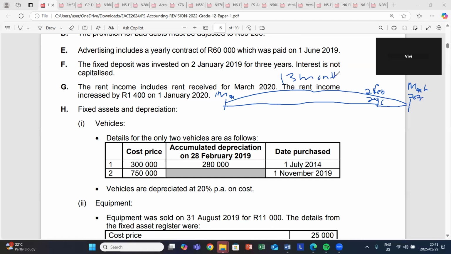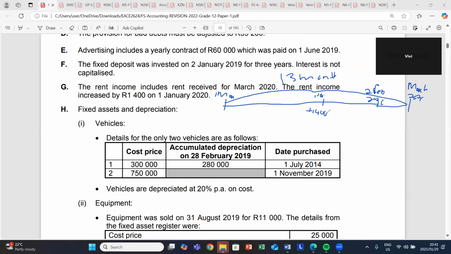And then also what do you do? Read the remaining statement. They say that the rent income increased by 1,400 on the 1st of January 2020. What are you going to do with that part? I'm gonna note it on my financial year.